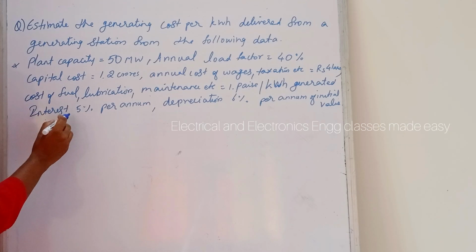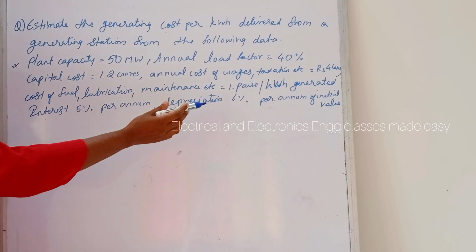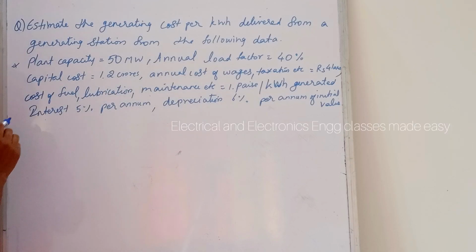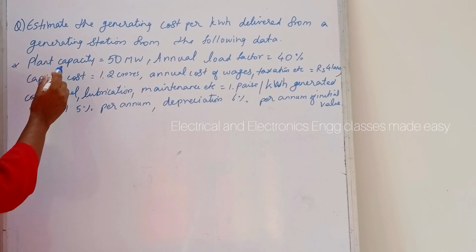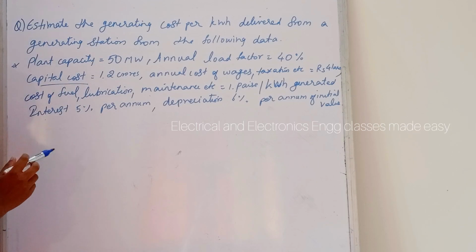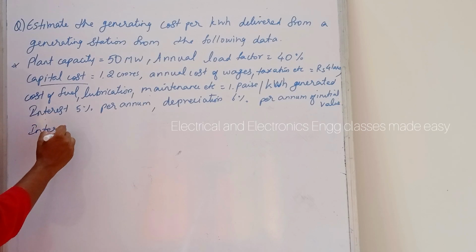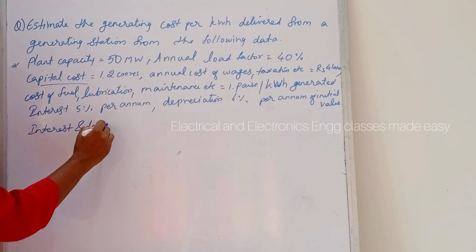Here it is given interest 5% per annum and also depreciation 6% per annum of the initial value. The initial value is the capital cost, that is 1.2 crores. So first of all take the interest and the depreciation value.